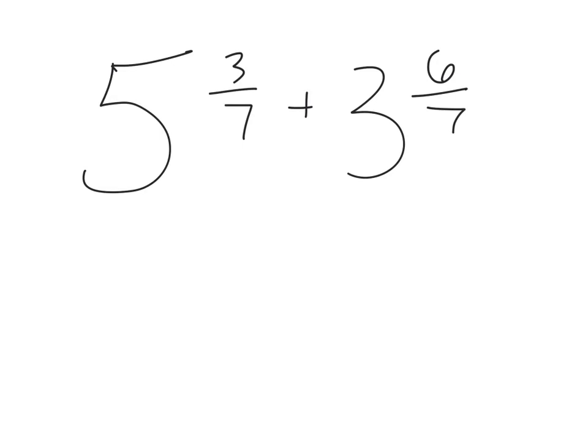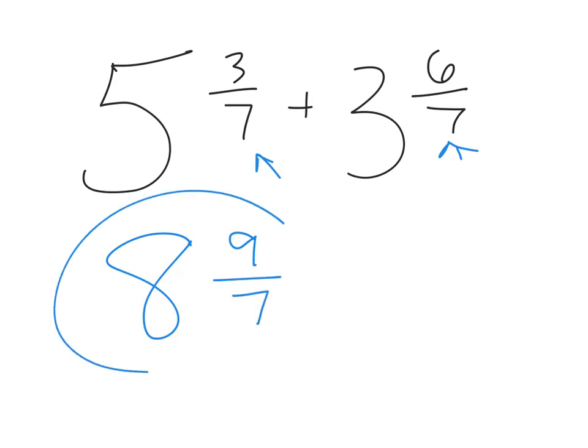So 5 plus 3 of just our whole numbers is going to give me 8. But we have to hold tight for just a second, because look what's going to happen with our fractions. When I add together 3/7 plus 6/7, you're looking at that and going, wait, that's an improper fraction, because 3 plus 6 is 9. So I get 9/7 in this case.